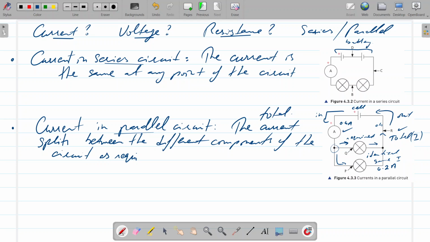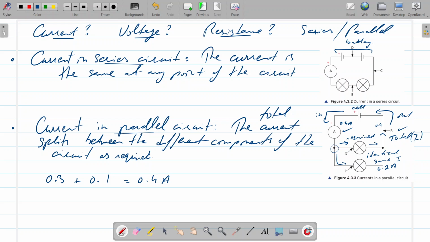Okay, so that's about current in a parallel circuit. If the lamps were not identical, for example, if one of the lamps was taking 0.3 amperes, then the other would have been taking 0.1, because the total supply is 0.4 amperes.